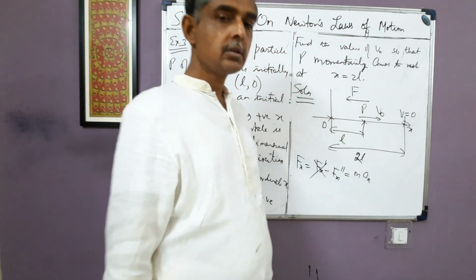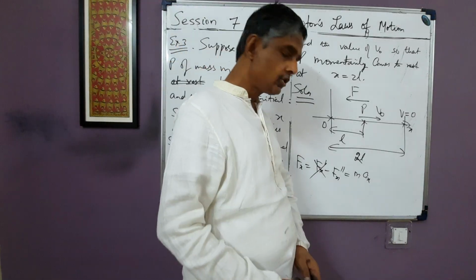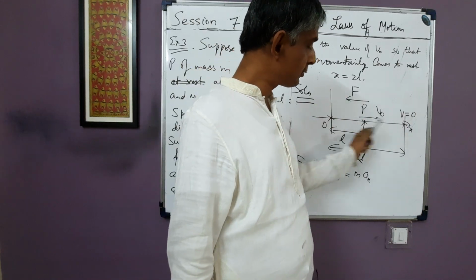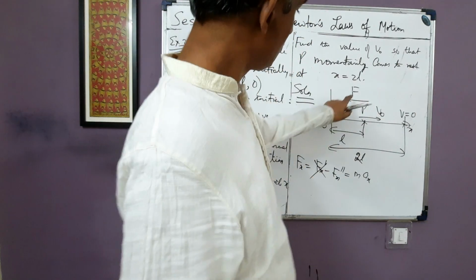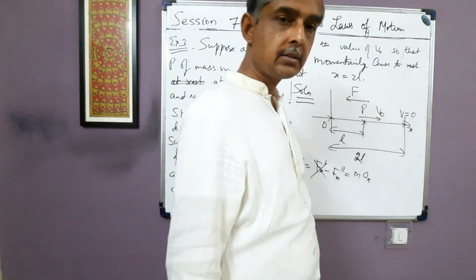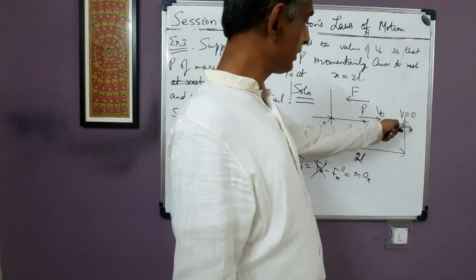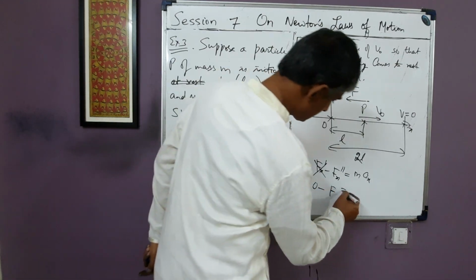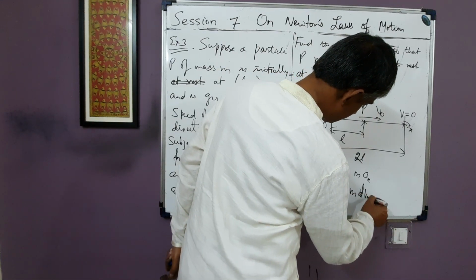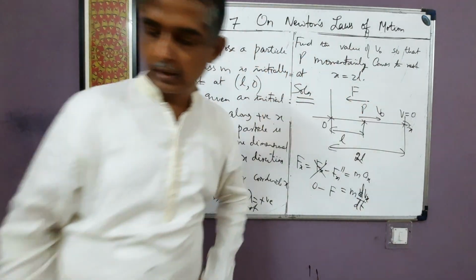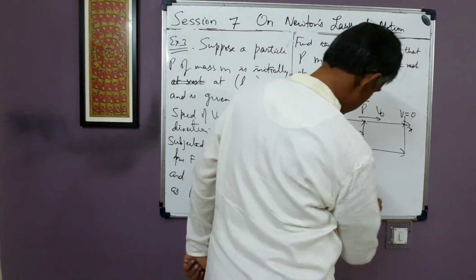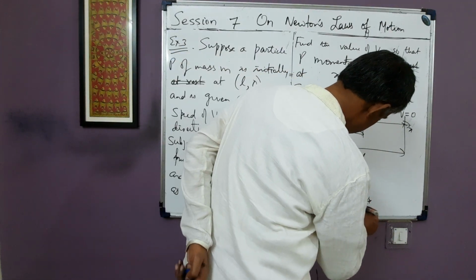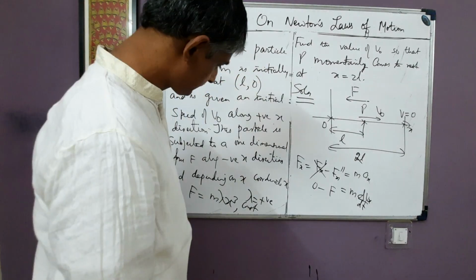Fx double dash is the sum of magnitudes of x components of real forces on point which make obtuse angle with positive x-axis. Only one force F, which makes 180 degrees with positive x-axis. So this just becomes F itself. And ax we write as dvx by dt.